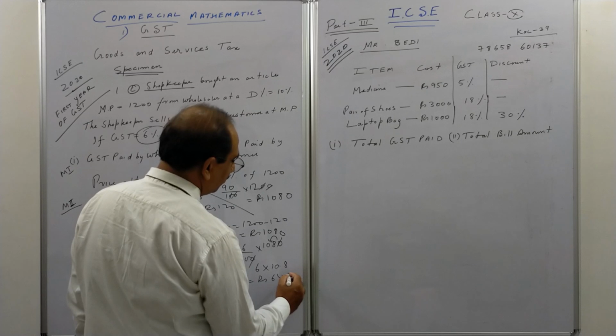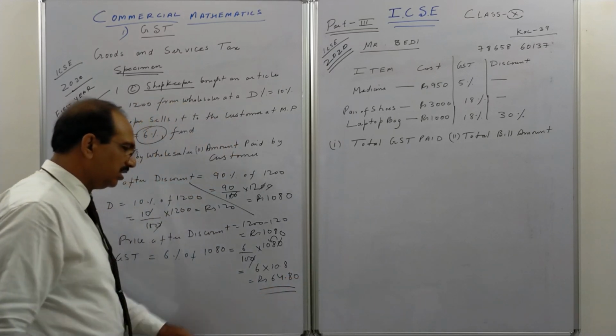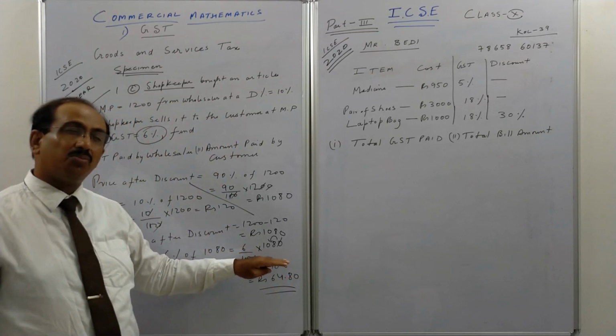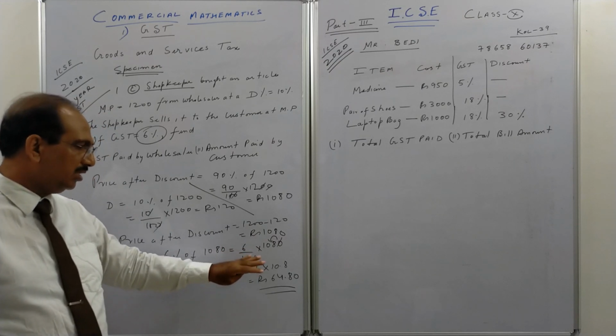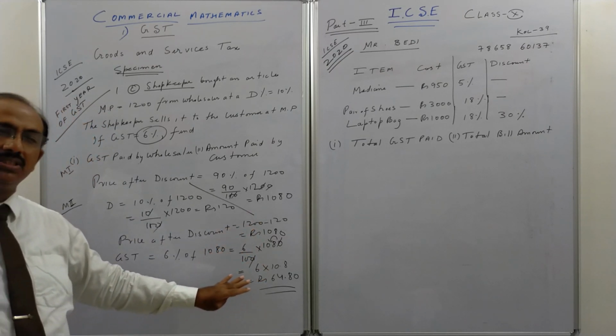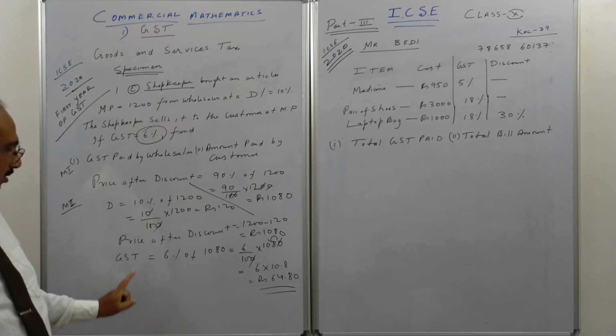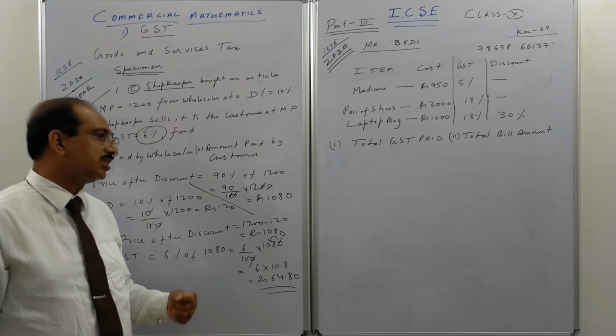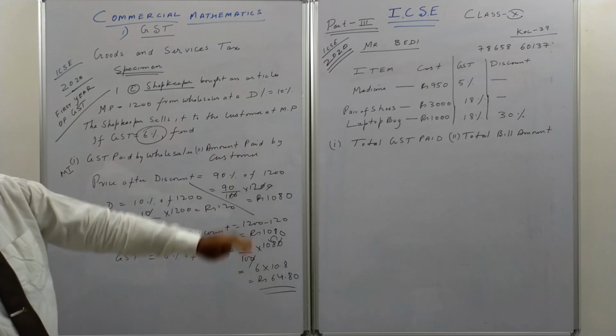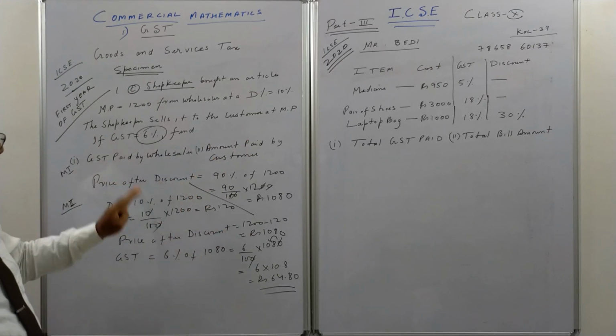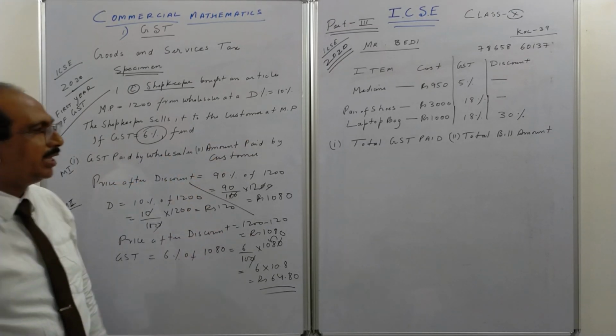So I think 64 rupees 80 paise GST. I'm not concentrating much on multiplication. You do it with your method, but the main concept is there. I know you can multiply and add in class 10. So once more, 6% of this amount.